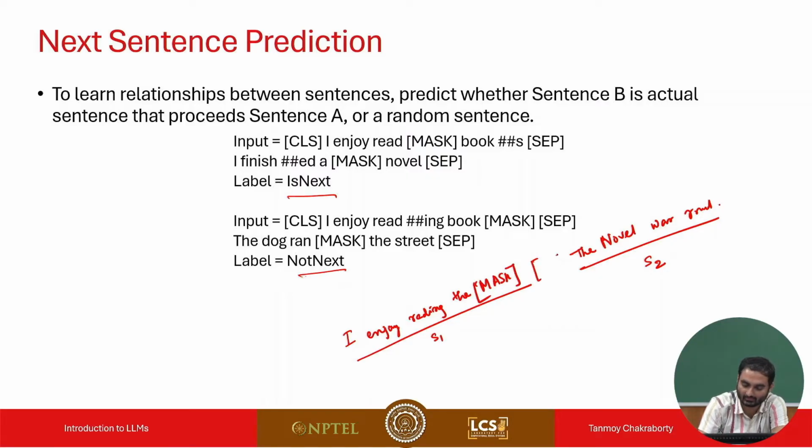We separate them using another token called SEP, separator. The separator is a new token, like the mask token. And again you may have a separator here, so you introduce two new tokens. Along with this, we introduce another token called the CLS token, which is prepended to the sequence. This stands for classification.